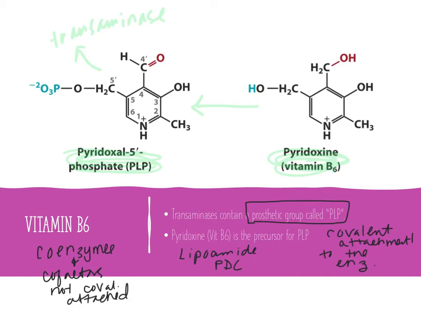That's the difference between a prosthetic group and a coenzyme or a cofactor, is how it associates with the protein. Prosthetic groups are covalently attached. Anyways, we just met another vitamin. Vitamin B6, pyridoxine, is the precursor to PLP, which is the cofactor, is the prosthetic group needed for transaminases to perform their reaction.